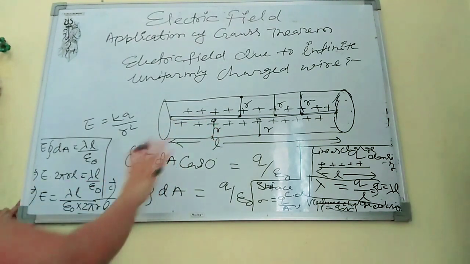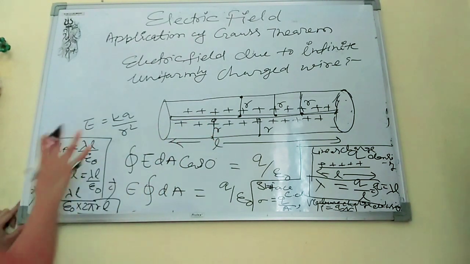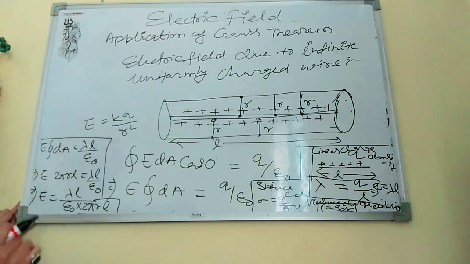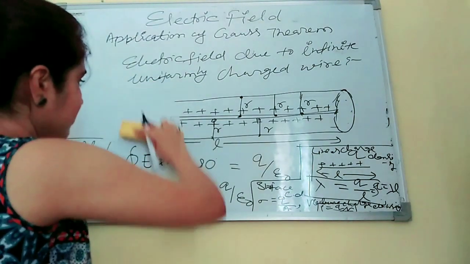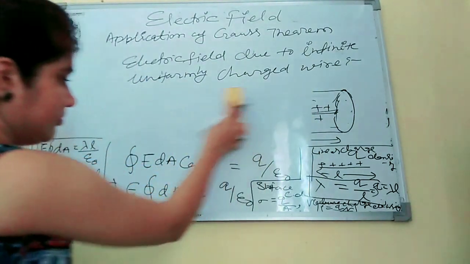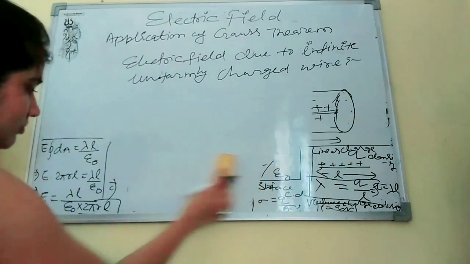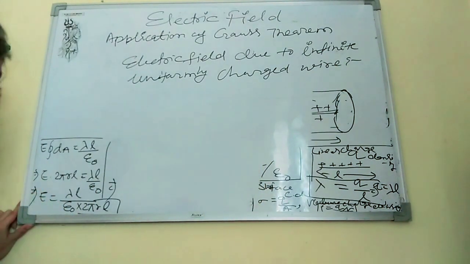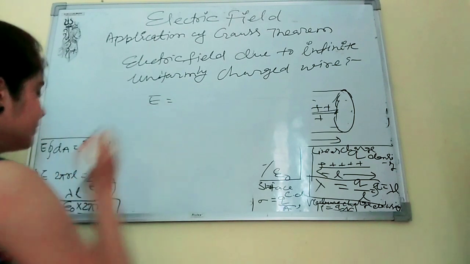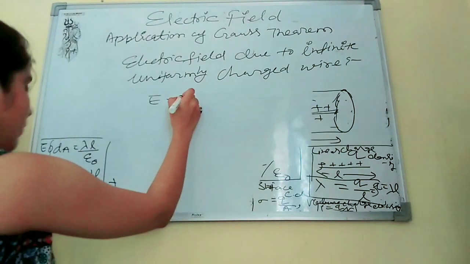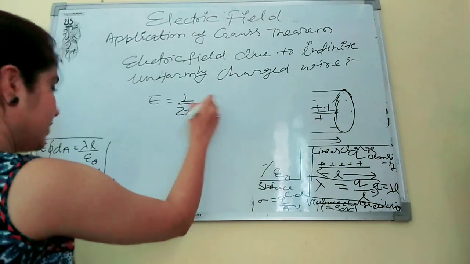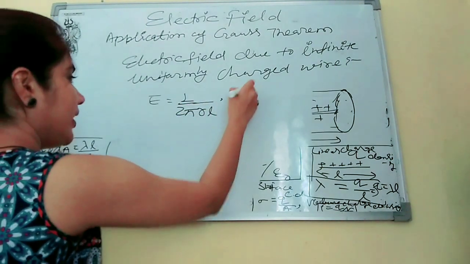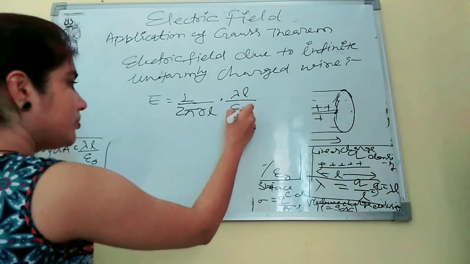Just note it down, I'm going to erase it, otherwise it will not be clear here. So E equal to 1 by 2 pi RL into lambda L upon epsilon naught.